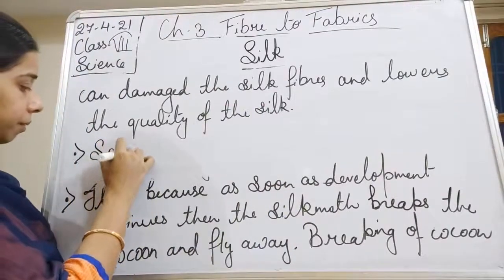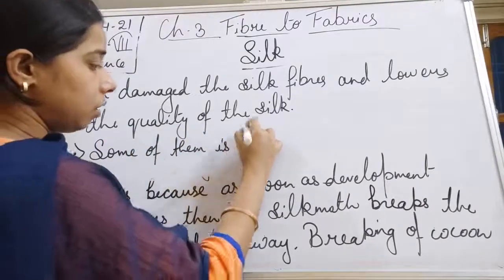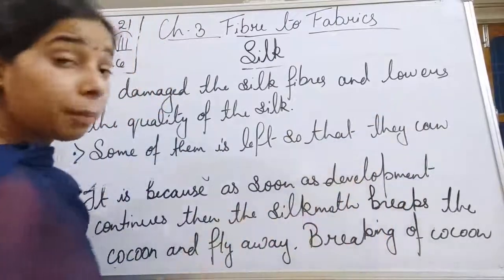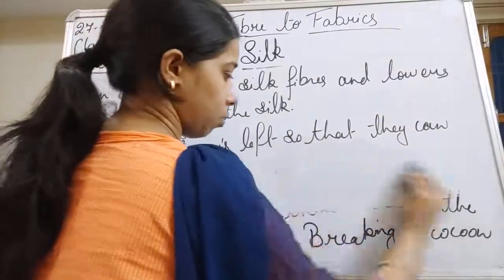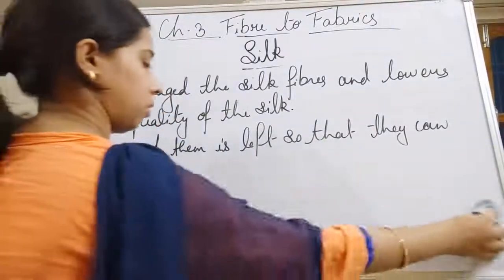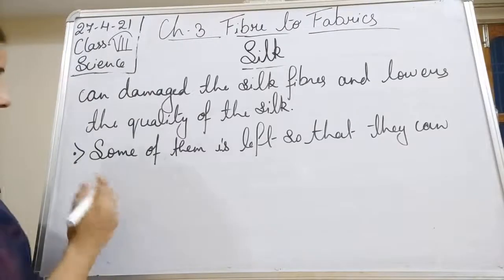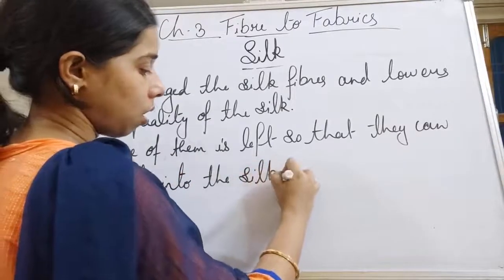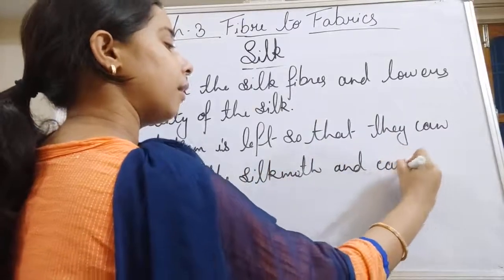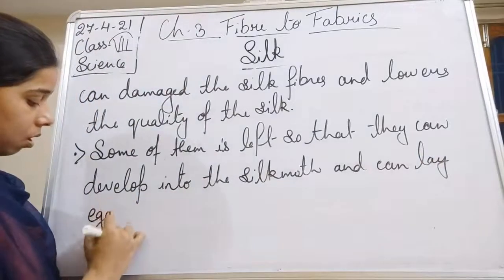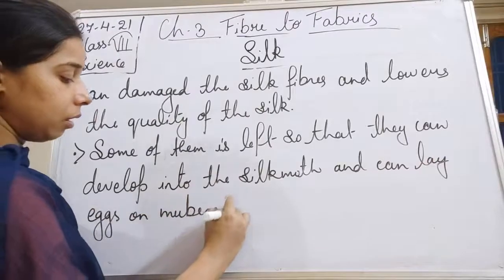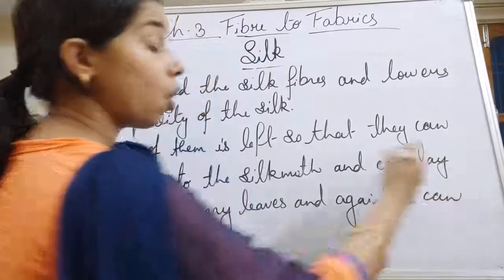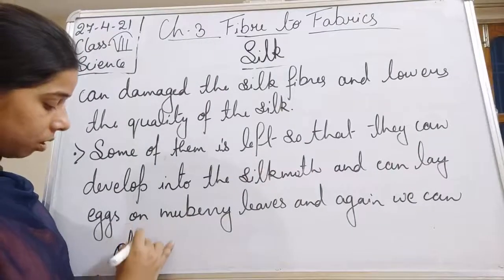Some of them are left so that they can develop into the silk moth and can lay eggs on mulberry leaves, and again we can obtain silk from it.